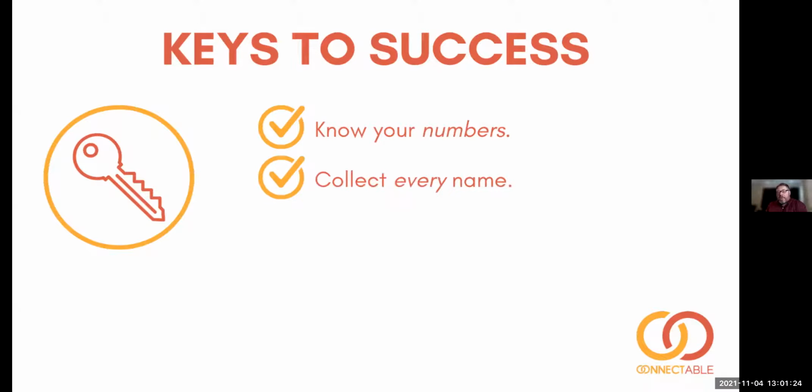Number two, collect every name. We know that that's being asked for right now anyway, but just get every name in your books so that you can go back and reach out to people.